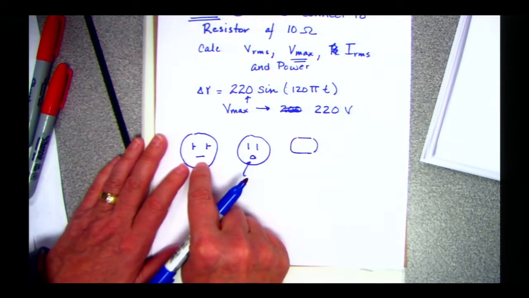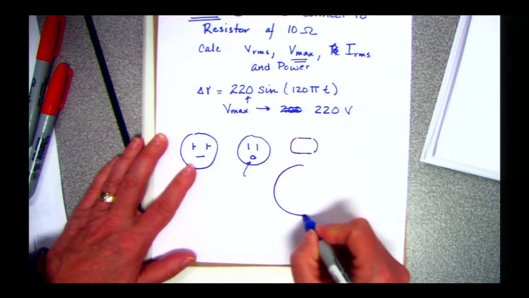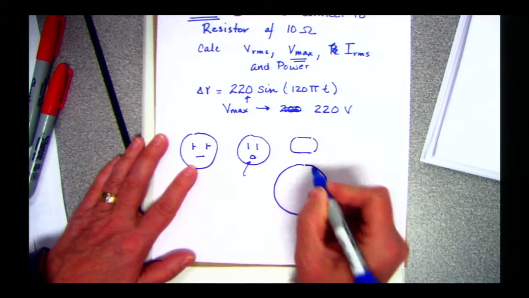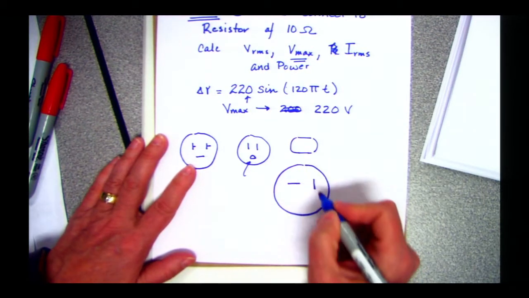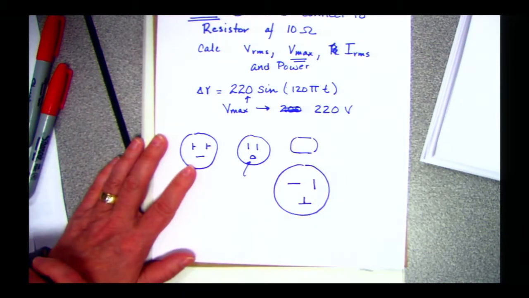Now my dryer plug and my oven plug, first of all, they're a lot bigger. And I'll actually end up with a bigger plug, and I might get a plug that looks like this, something that looks like that. And that's telling me I've got a different kind of plug that I've got to worry about.